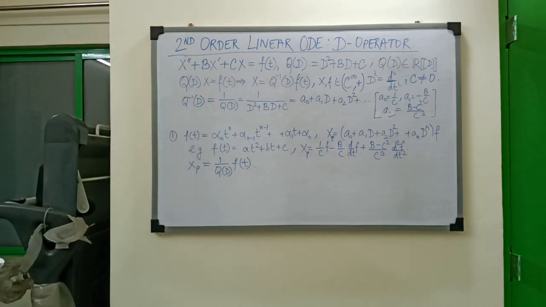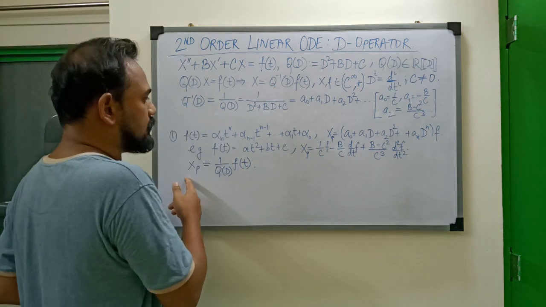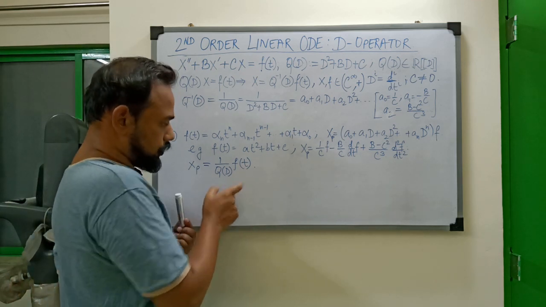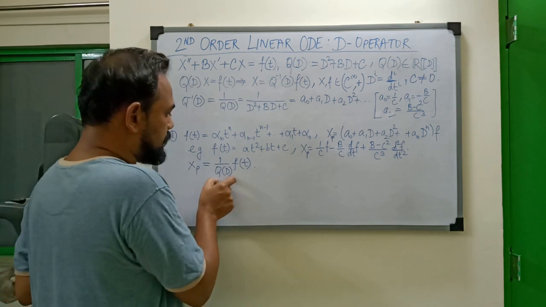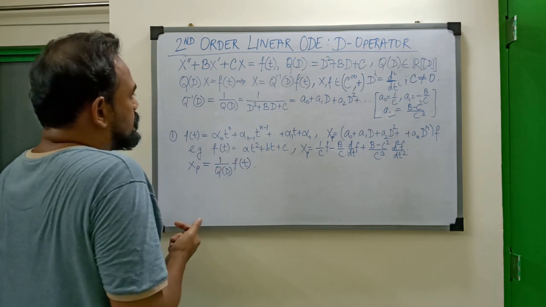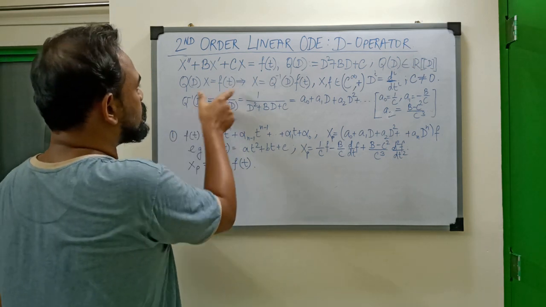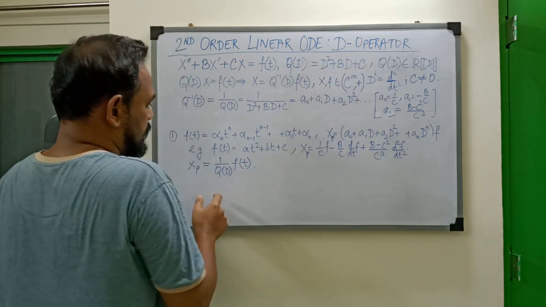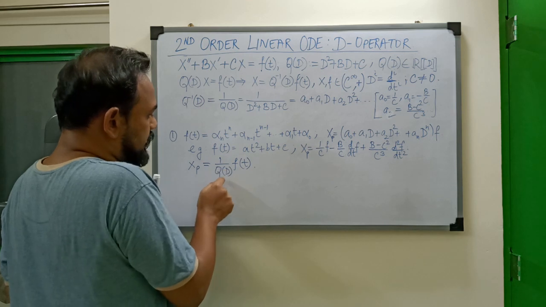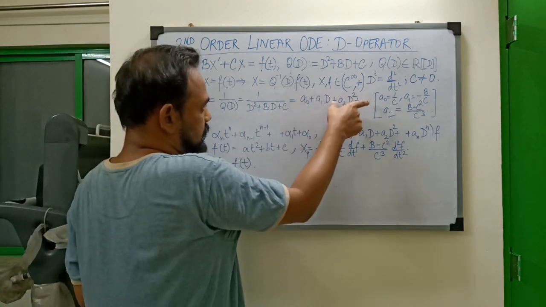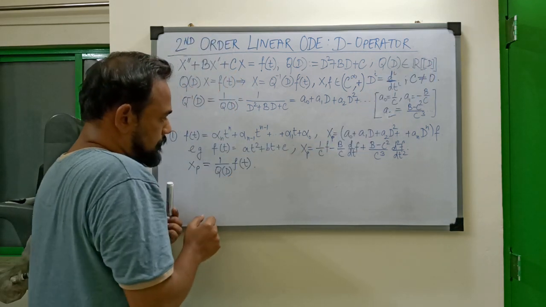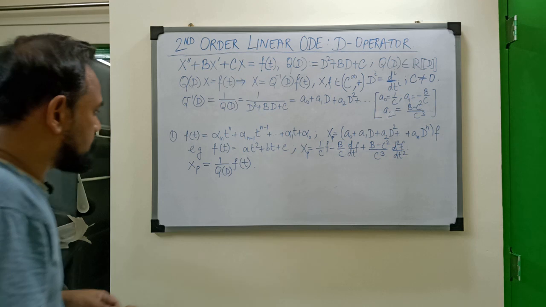So instead of calling particular solutions xp, I can just replace that and call it by this expression here, okay? This QD, remember, is the ring element of this ring, and 1 over QD is really the inverse of this element, the multiplicative inverse. And even though it looks like 1 over QD, the actual expression of it is like this. So it's an element of the ring which is acting on f, and we have defined what the action is.